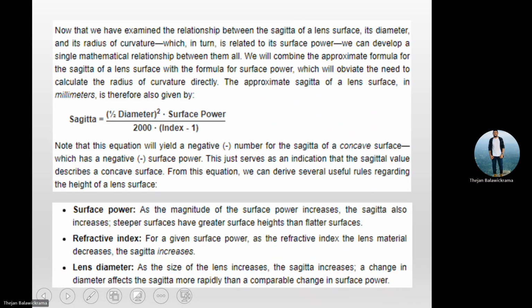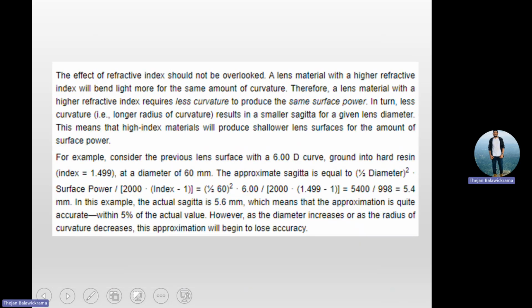Yes. Some are approximate values that you are making, but you don't have to worry about this. In the basic theory, it is in millimeters. Next, the effect of refractive index should not be overlooked.